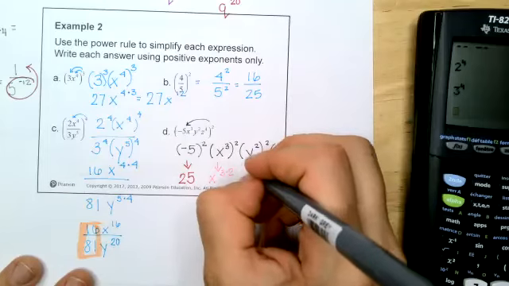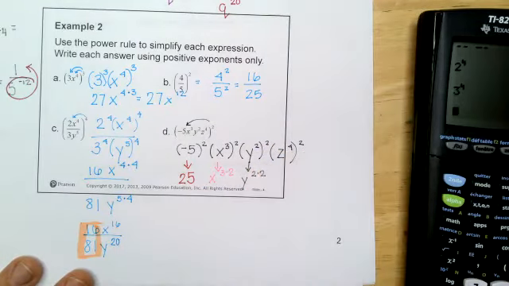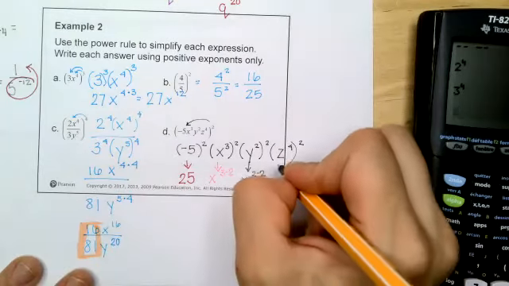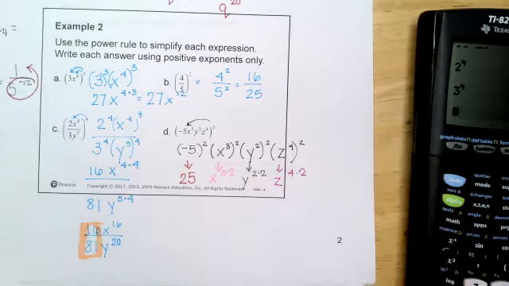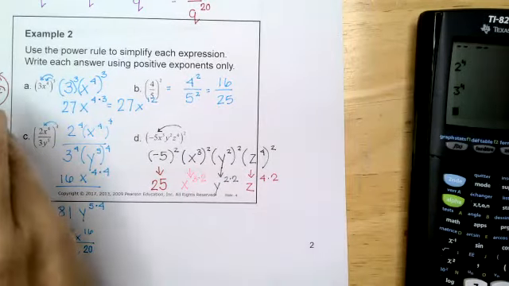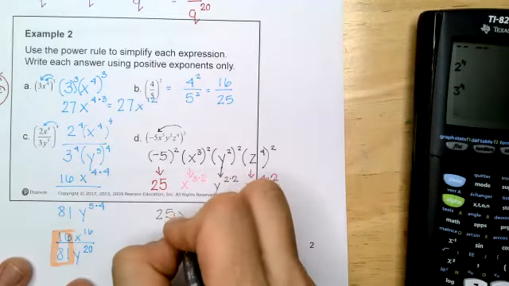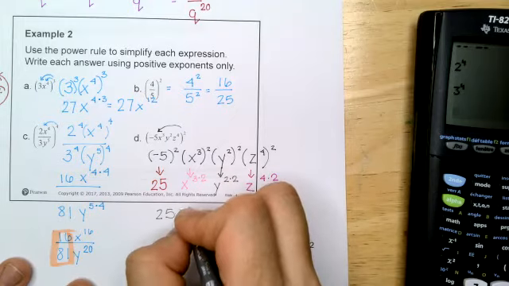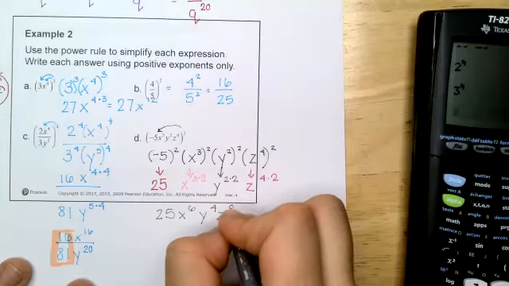Y squared, same thing. Keep the base, multiply the exponents, and then z, keep the base, multiply the 4 times the 2. Good. All right, so that leaves us with 25 x to the 6th, y to the 4th, z to the 8th.